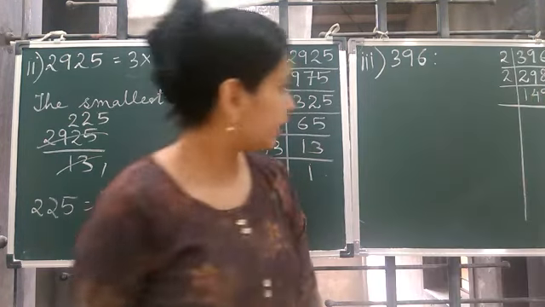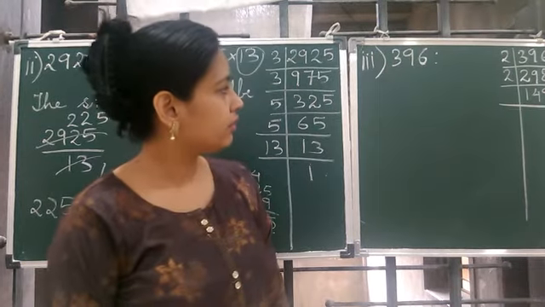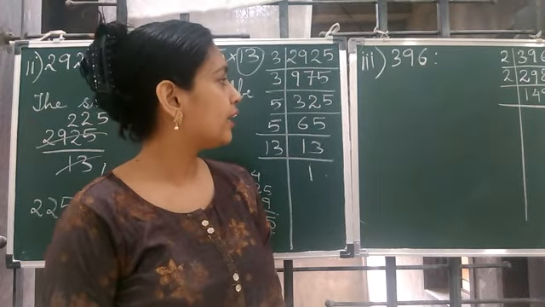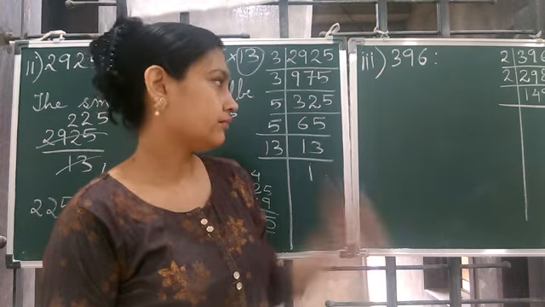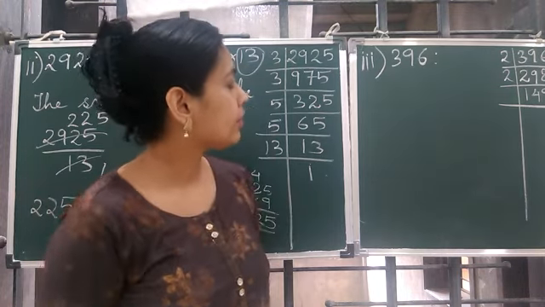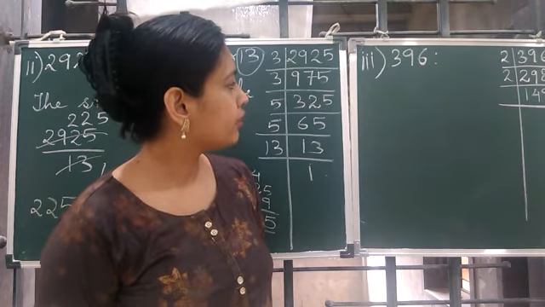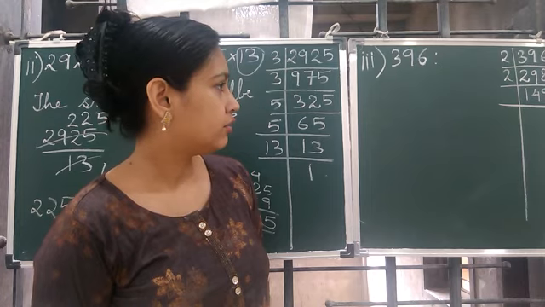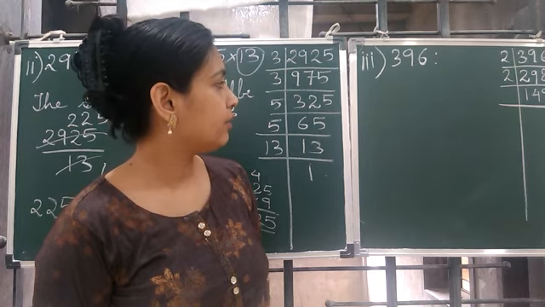It will not go by 5. Will it go by 7? No, it will not go by 7. Will it go by 9? No, it will not go by 9.